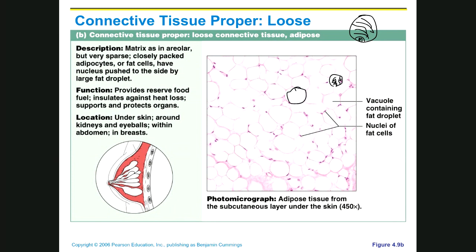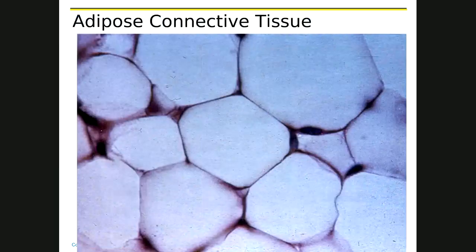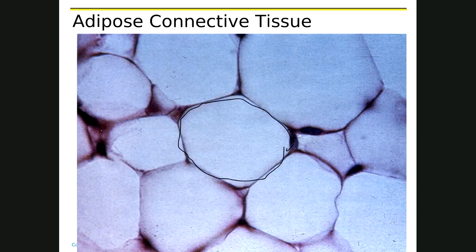There's the nucleus, and there's the fat. If we blow that up, it looks like this. So this is one cell. And look how the nucleus has been pushed way over to the side. And all of this is a liquid fat.